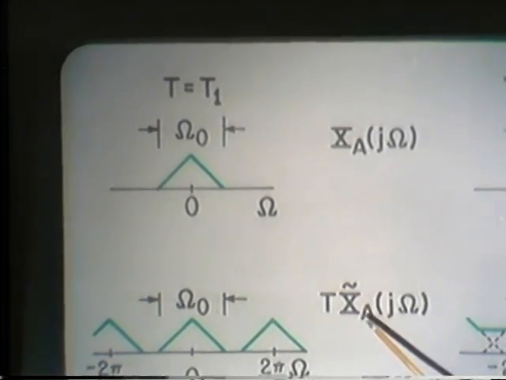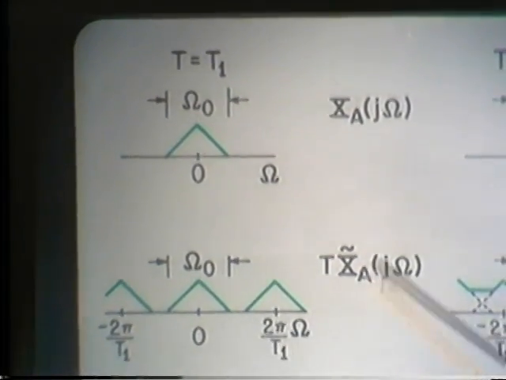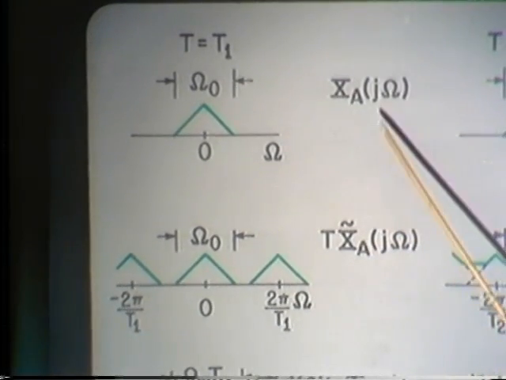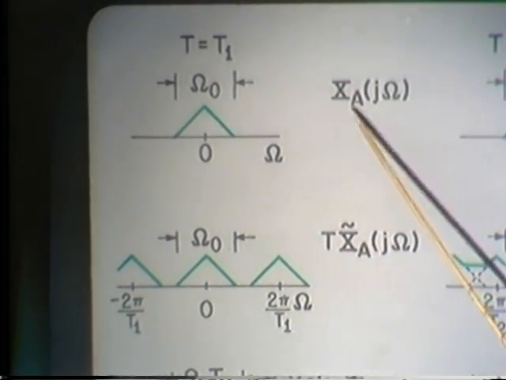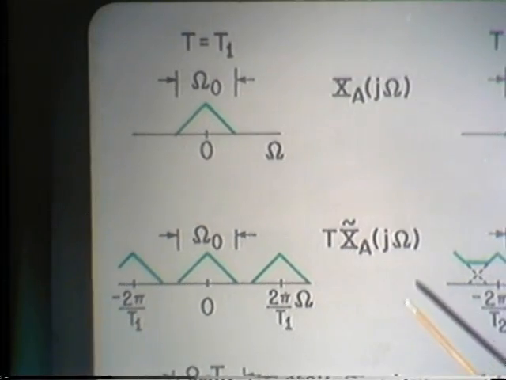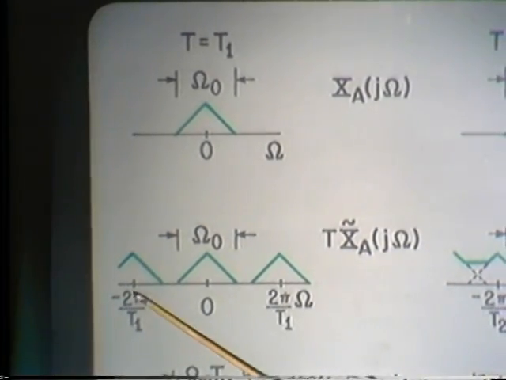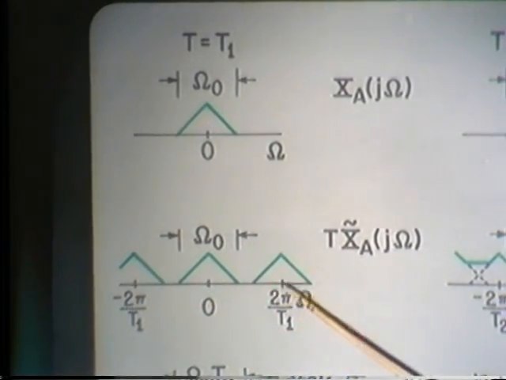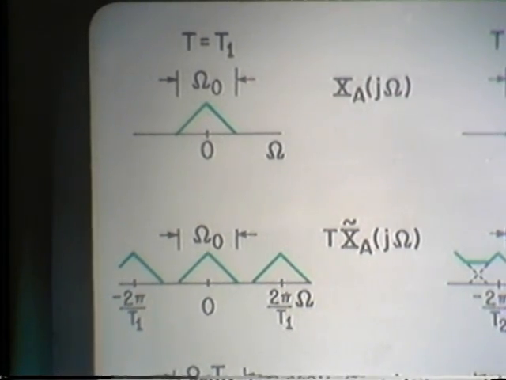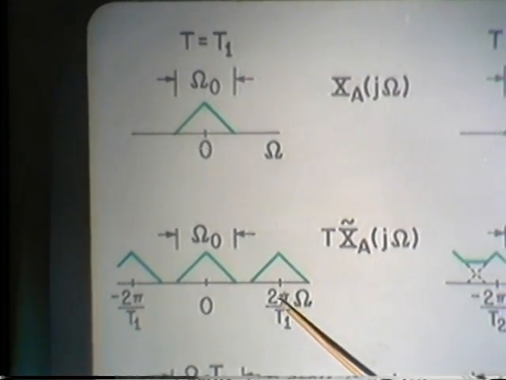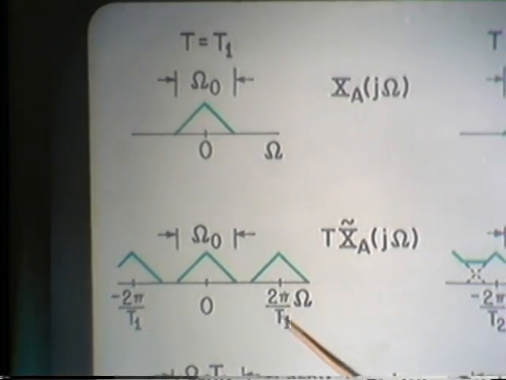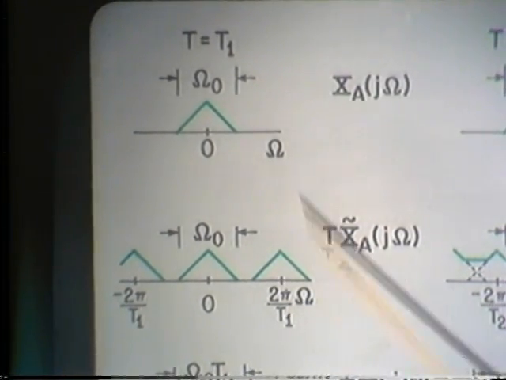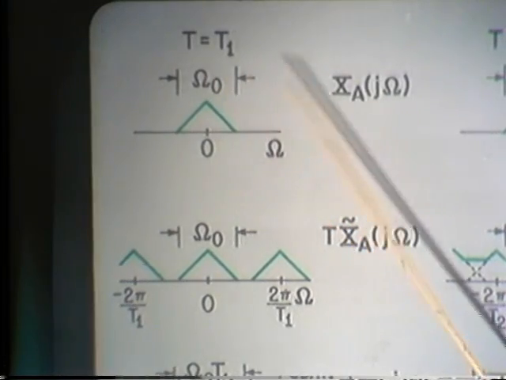Well, first of all, we derived the fact that the impulse train that results from sampling little x sub a of t has a Fourier transform, which is this, periodically repeated in frequency with a period in frequency equal to 2 pi divided by capital T1, where capital T1 is the sampling period.